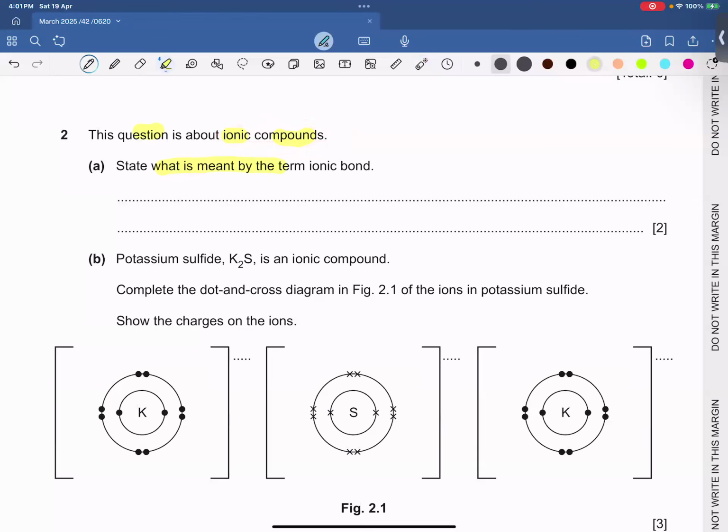What is meant by the term ionic bond? Ionic bond is basically an electrostatic attraction between cation and anion.